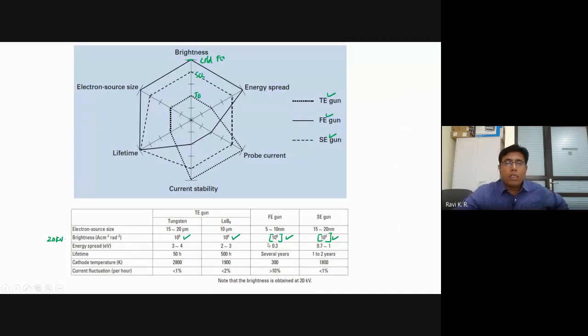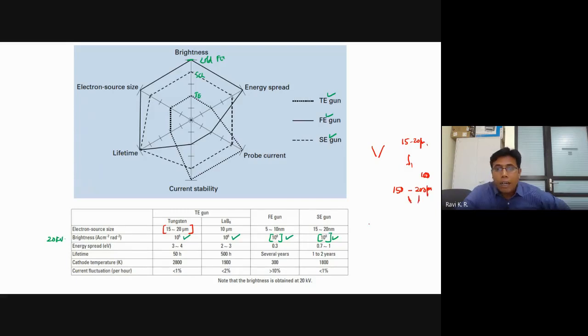So now we have discussed the brightness aspect for 3 different microscopes. We've already discussed the beam source. Let's say this is the beam source, meaning the beam diameter that we are talking about. For a tungsten filament, it is around 15 to 20 micrometer. Then the crossover must be 10 times higher, so you get 150 to 200 micrometer as your crossover size.